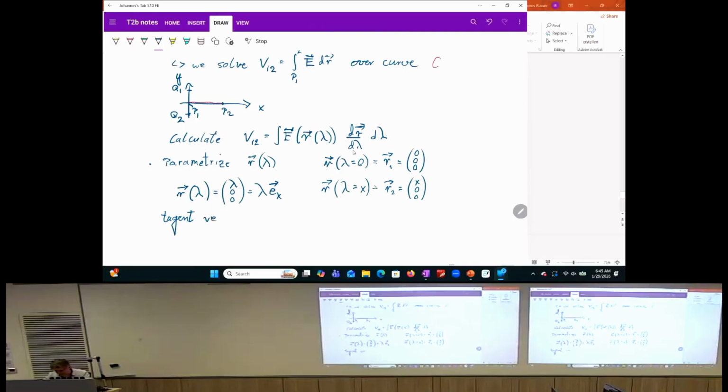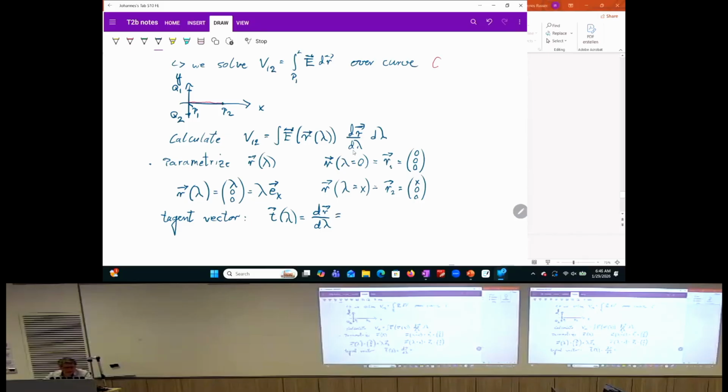So what is the tangent vector? Well, the tangent vector is the tangent to the line element based on the parameterization parameter, that is dr by d lambda. And what is this?